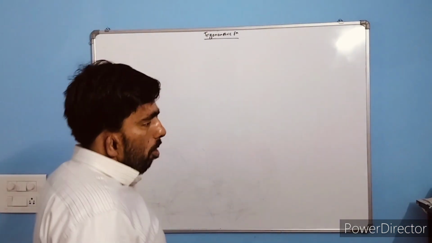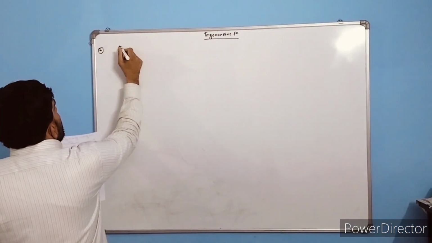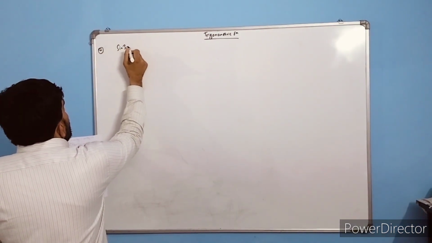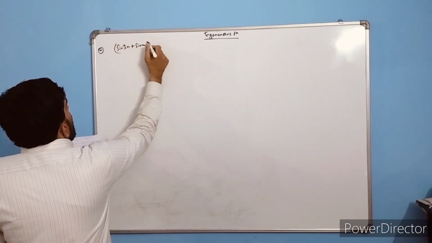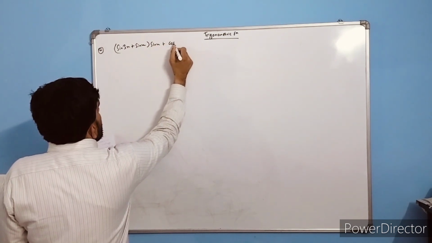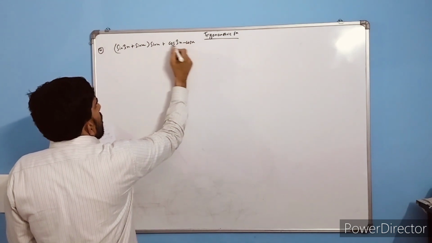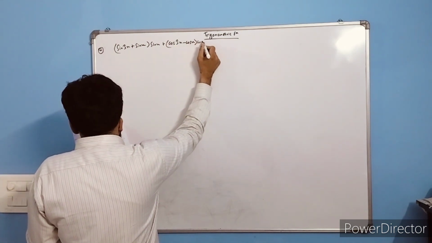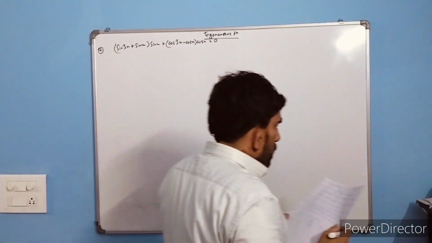Now we'll try to solve the next numerical we have, that is the second one. In this, what we need to do, sin 3x plus sin x, multiply with sin x, plus cos 3x minus cos x, cos x is equal to 0. Okay, so this is what we need to do.